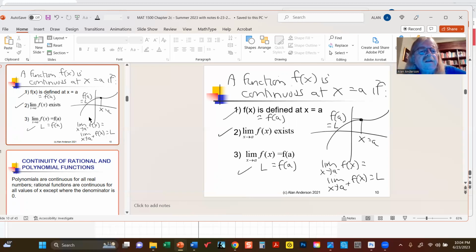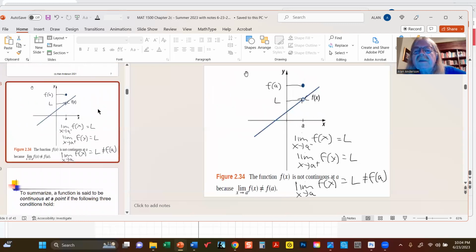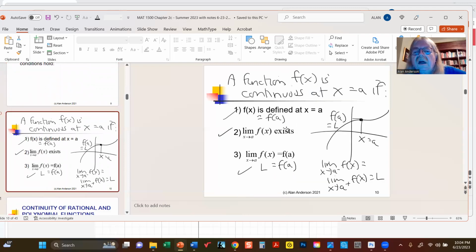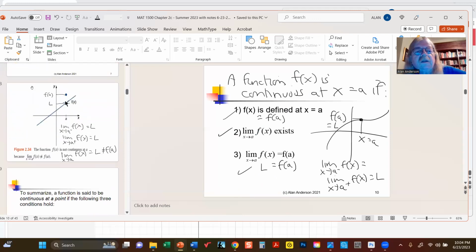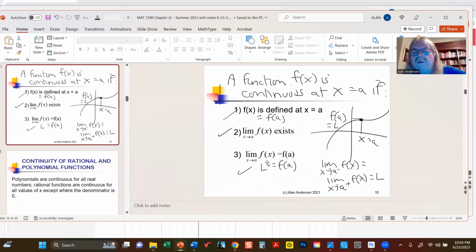So you can see why, up here, we had this one. The problem here is not one, not two, but number three is wrong. So in this case, the holdup is number three is not correct, and therefore it is not continuous.